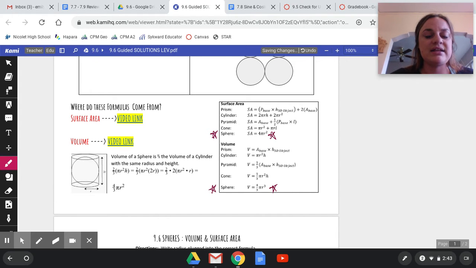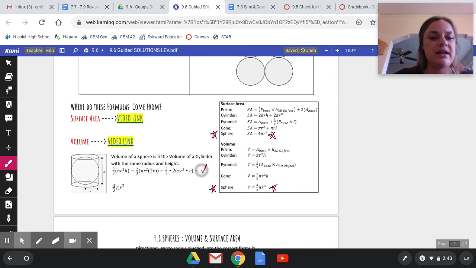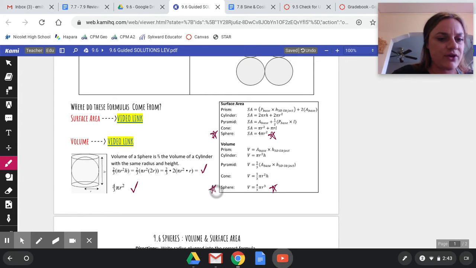That is basically derived from the fact that one sphere holds the same amount of volume as 2/3 of a cylinder that has the same height and radius as the sphere. So this equation simplifies to 4/3 pi r squared. That should be a cubed, sorry, 4/3 pi r cubed. That is the formula for volume of a sphere.